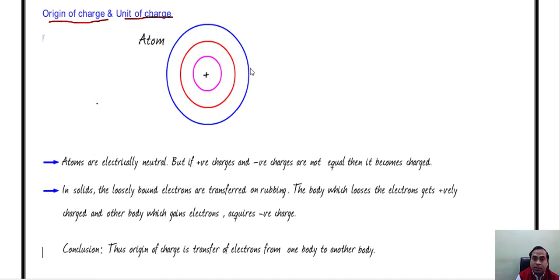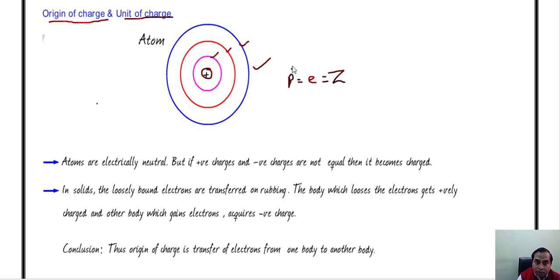Okay, so listen, first consider that this is the structure of an atom, in which there is a nucleus and some electrons orbiting in the first orbit, or the second orbit, or the third orbit. In every atom, the number of protons is equal to the number of electrons, and it is equal to the atomic number. Atomic number is equal to Z, right?